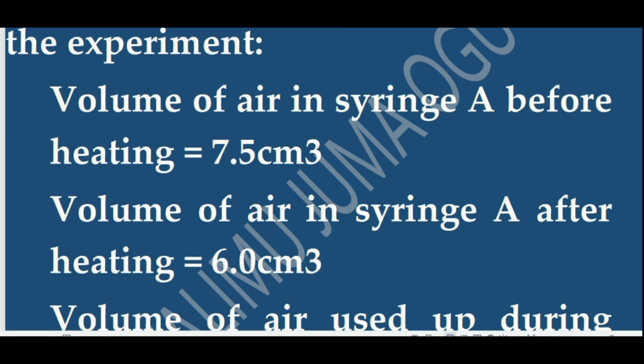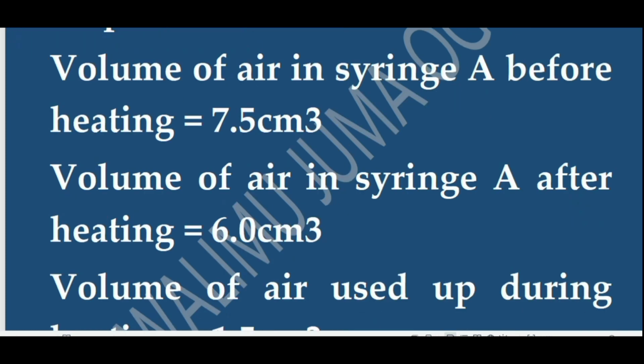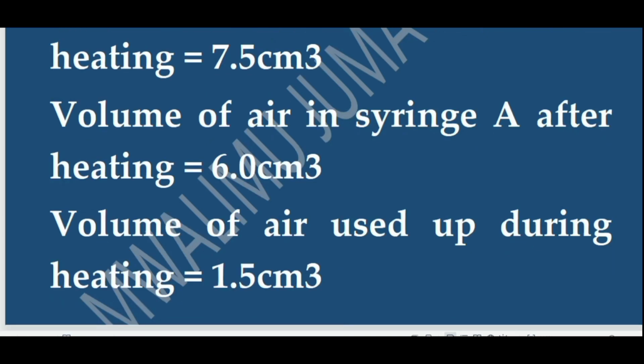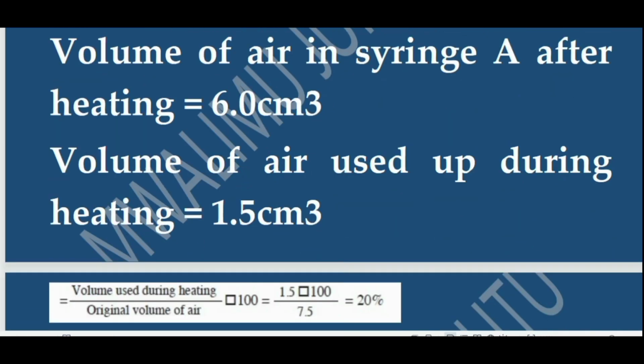Remember the volume is reduced because the active part of air is being used while copper is heated; copper combines with that active part of air to form another product. So the volume of air used up during heating is 1.5 cubic centimeter.